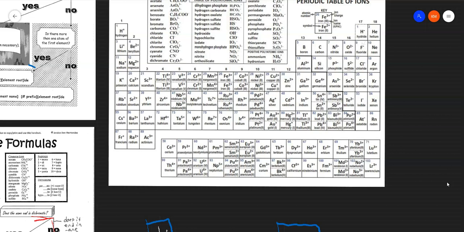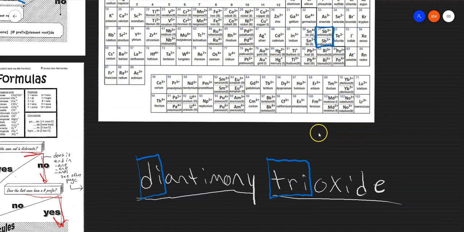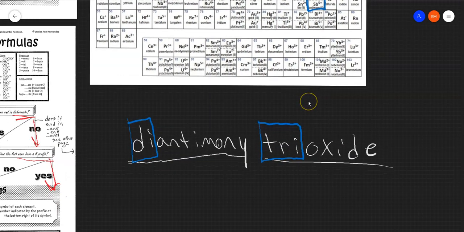Okay, so we're looking at antimony, and antimony is right here. It's a tricky one. Its chemical symbol is SB. So we have the symbol SB. We don't need to worry about the charges. I'm using the ion chart because I can use it for both things. You might need a periodic and an ion chart. But anyways, SB is the symbol.